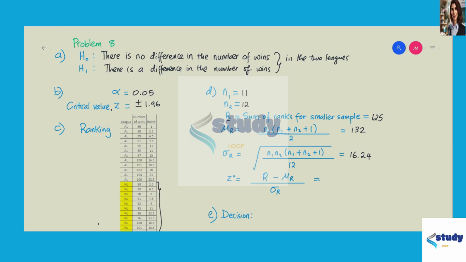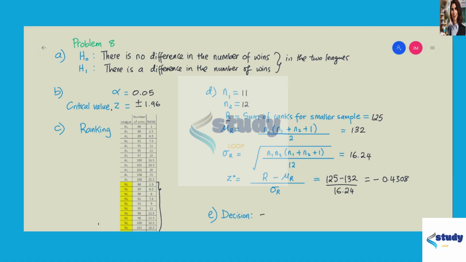The calculated value of Z is going to be obtained from the substitution of the values that we have just obtained, that is 125 minus 132 divided by 16.24. And when you work that out, you will get negative 0.4308.